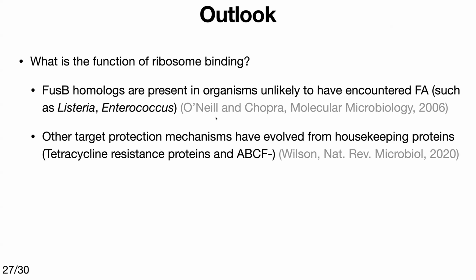And actually, other target protection mechanisms like tetracycline resistance proteins and ABCF type resistance proteins have evolved from housekeeping proteins that were doing a normal function in the cell, and then they happened to evolve to give resistance. For example, the tetracycline resistance proteins evolved actually from elongation factor G, which is really interesting. So it could be that it's the same for FusB.